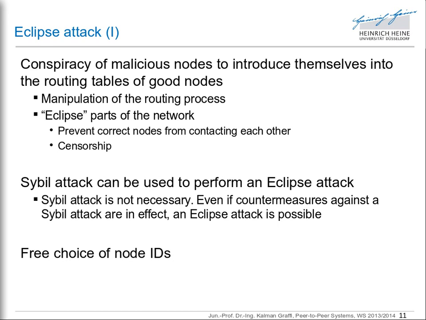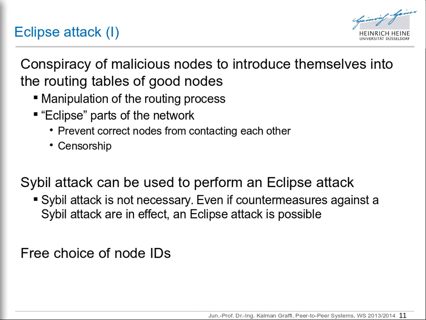Also, the eclipse of parts of the network can enable censorship. A Sybil attack can be used to perform an eclipse attack, for example, by positioning the Sybil nodes around the target.